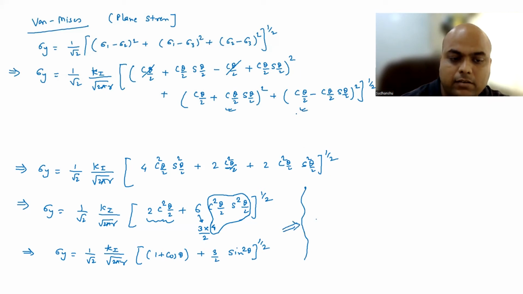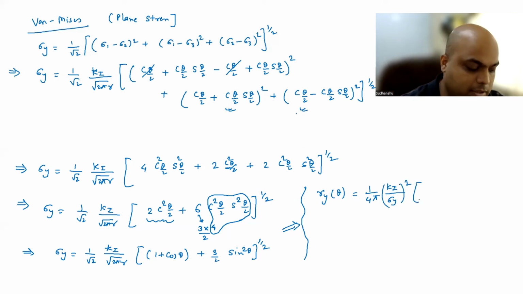And then just move the r there and take square. You can write ry in terms of theta as 1 by 4 pi, a1 divided by sigma y square, then 1 plus cos theta and 3 by 2 sine square theta.